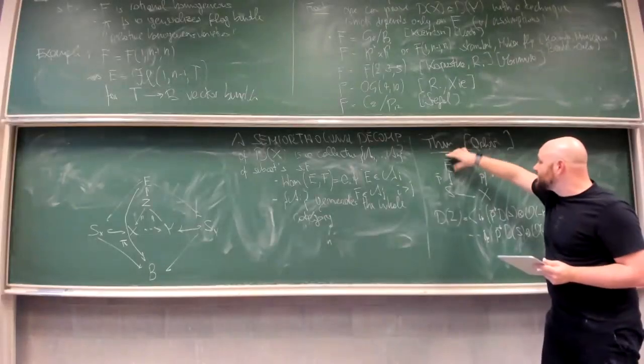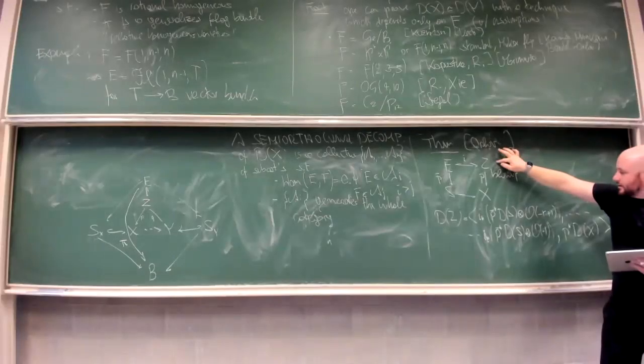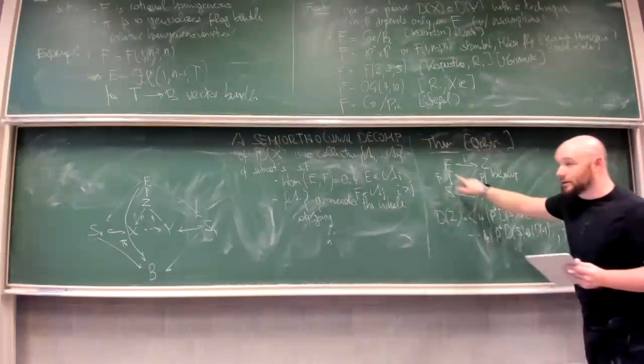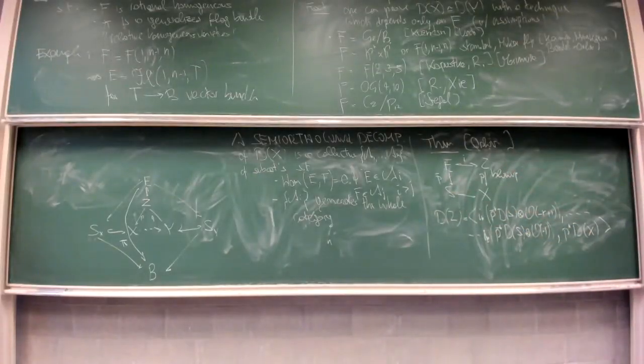You pull it back here, you twist it by the relative O minus something, and then you push it forward here. And then at the end of all this sequence of subcategories equivalent to this, you have the pullback of the category of the base.